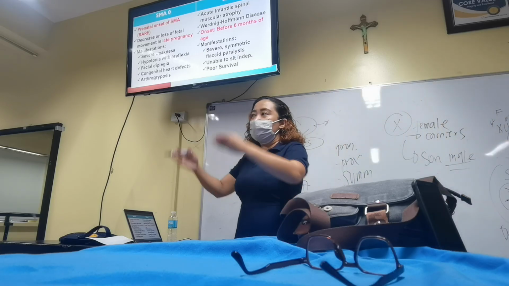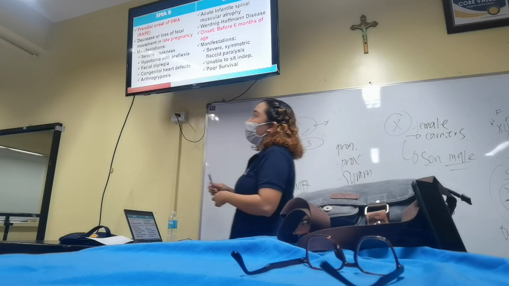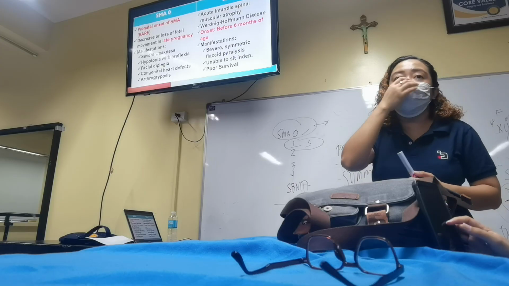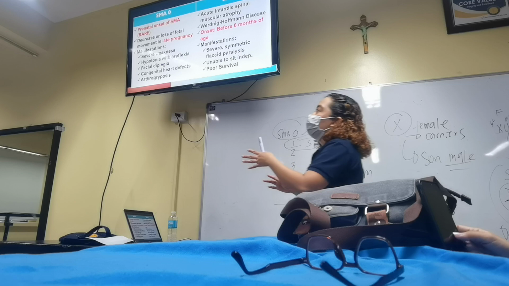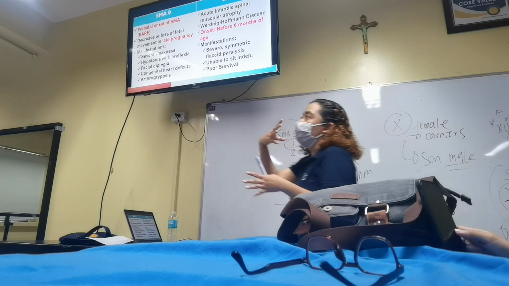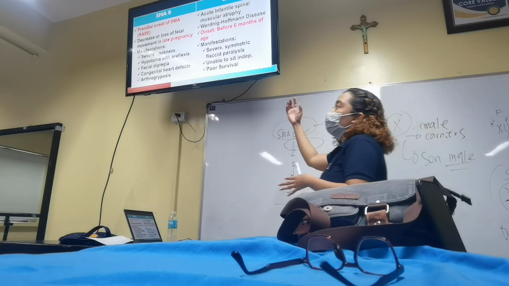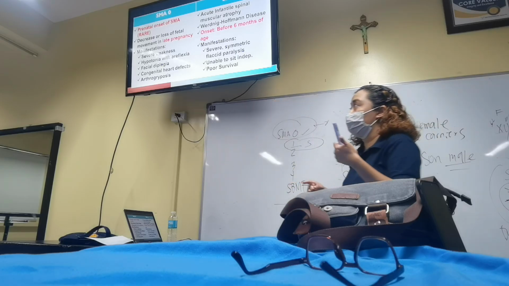When the baby is already born, you will have a severe weakness. You will have hypotonia, meaning the patient does not really have tone. And after that, facial diplegia, both of the face is not able to move or paralyze siya. There is a congenital heart defects, and there is arthrogryposis.